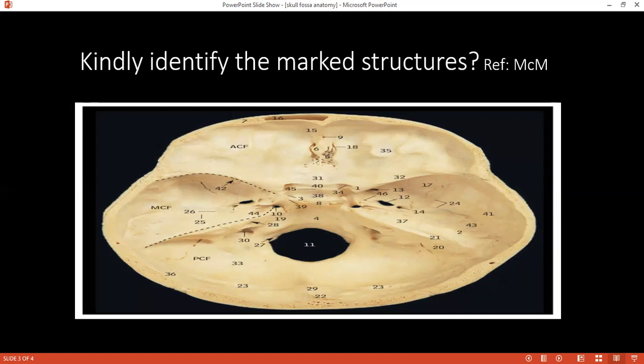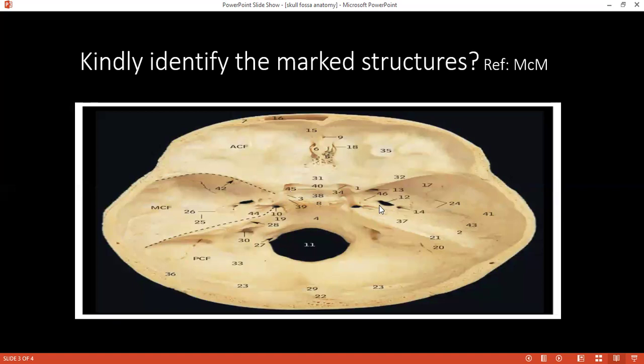Emissary veins, they pass through it to go where and to form what? They pass through this foramen ovale to where? To form what? To form the pterygoid plexus. From the pterygoid plexus to the cavernous sinus. So they are traversing from here.